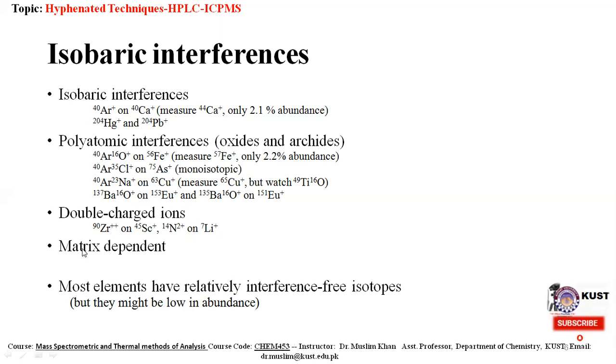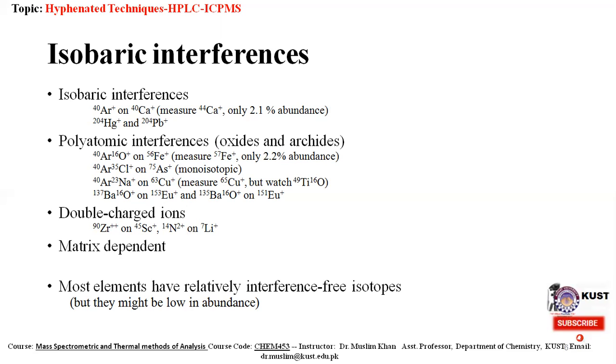And it is also matrix dependent sometimes. Although in comparison to other analytical techniques ICPMS is relatively free of matrix dependency, still sometimes it depends on the matrix, which type of matrix. Some of the matrices cause extreme interference, so you have to be careful.